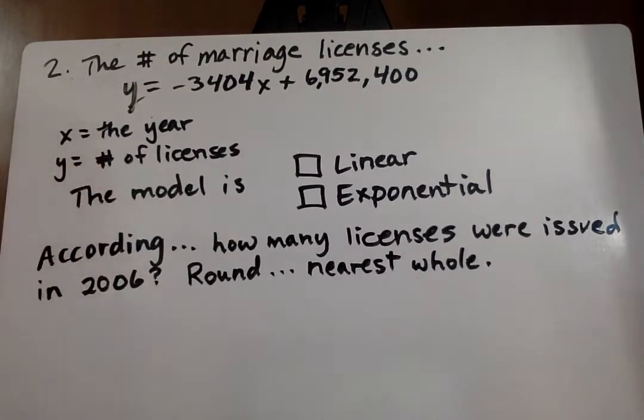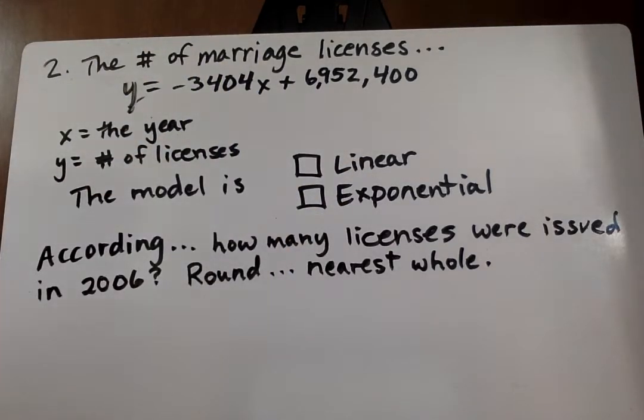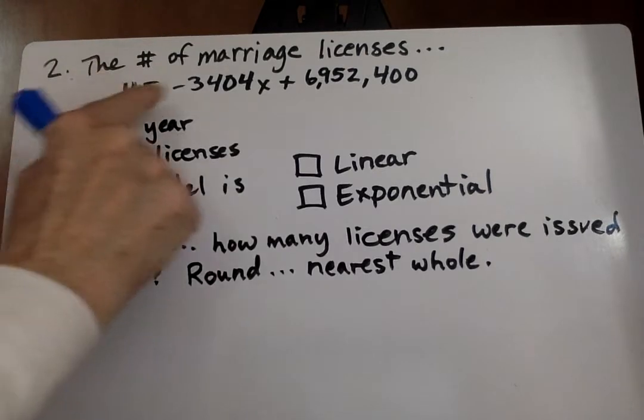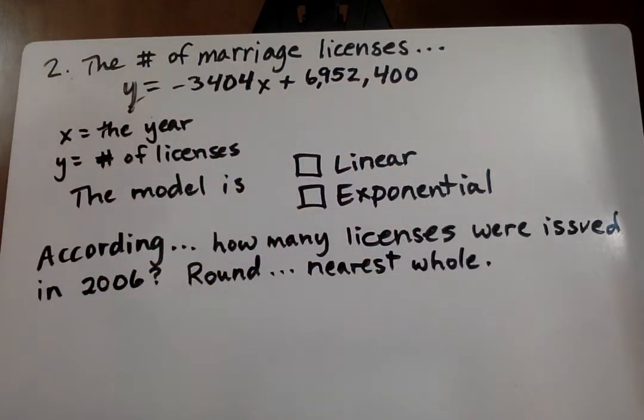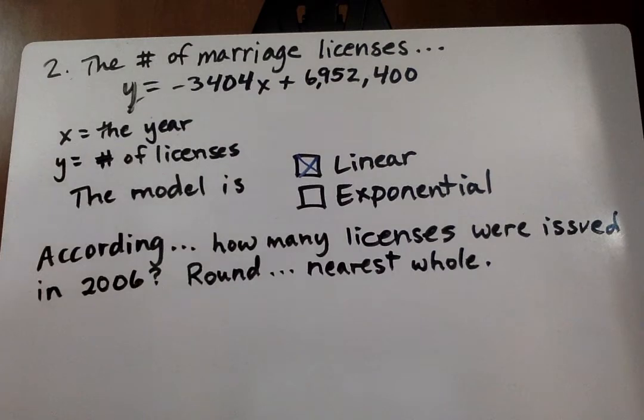Number, that's the number sign, not hashtag in this case. And it was number sign long before it was hashtag. Is this model linear or exponential? Well, we don't have a graph, so let's just look at our equation here. Are there any exponents? No, there's not. So we know the model is linear.